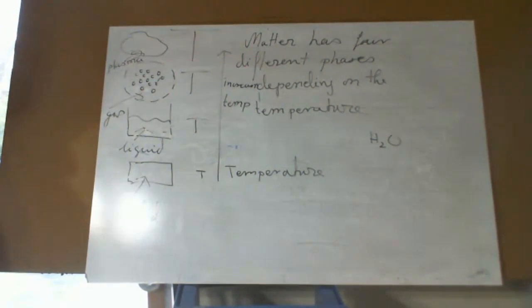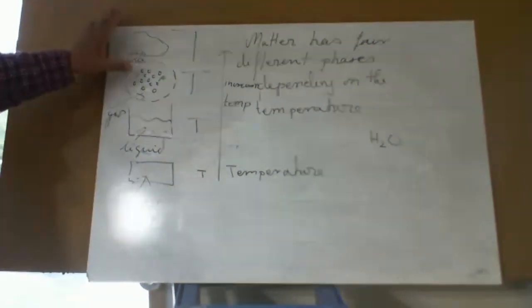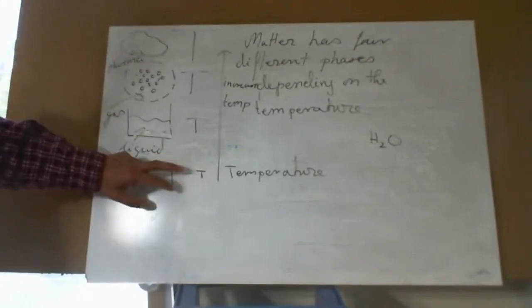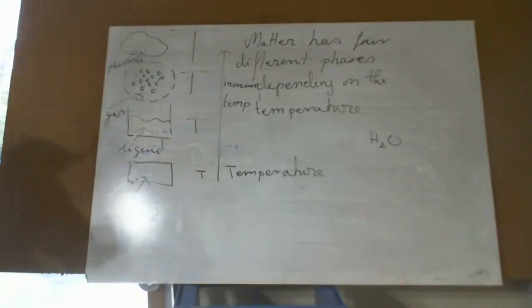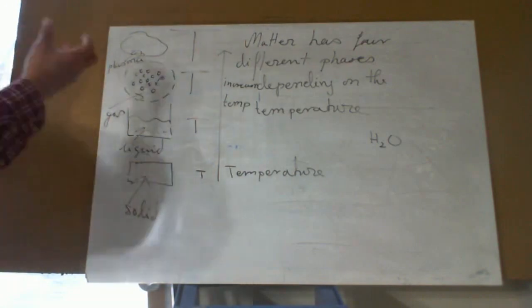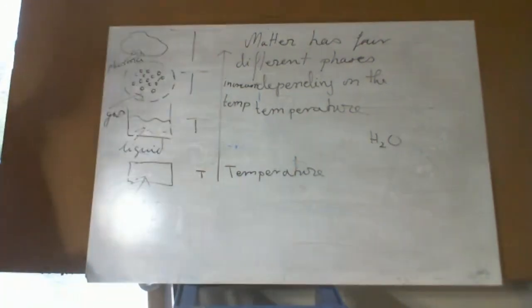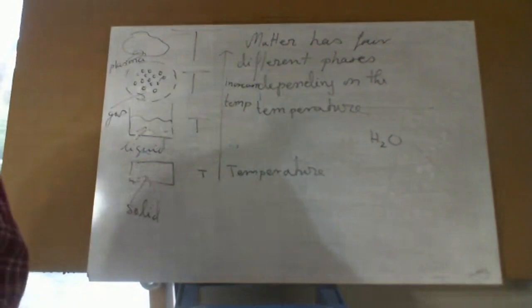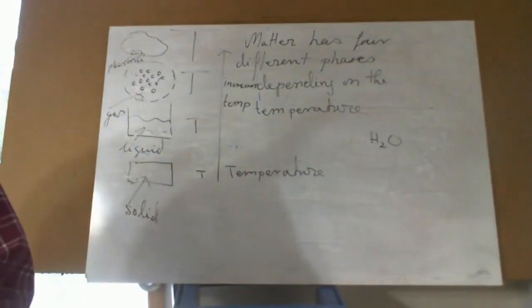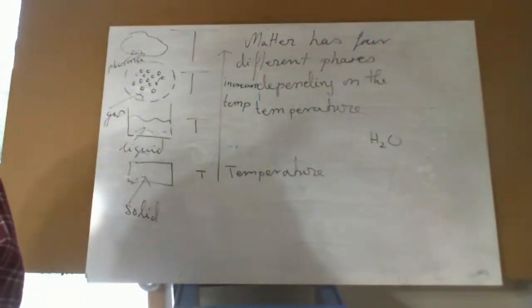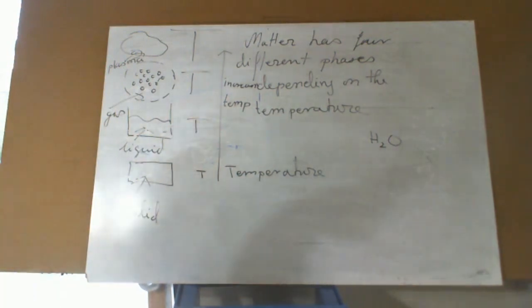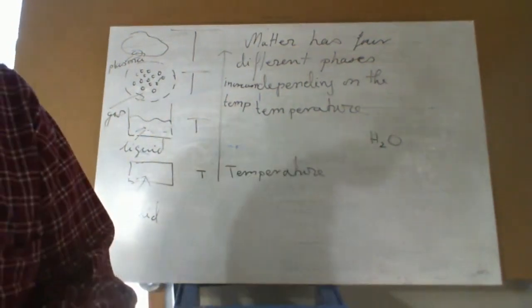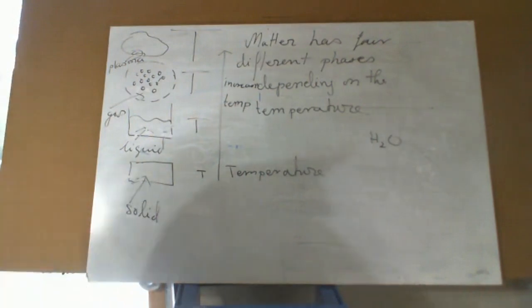So all matter can be in any of the 4 different phases depending on the temperature. You may have seen plasma if you have ever seen a welder weld. When a welder welds, you can see that it gets really bright. That's because the gas has turned to a plasma.